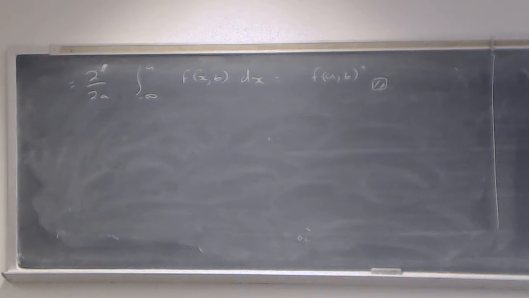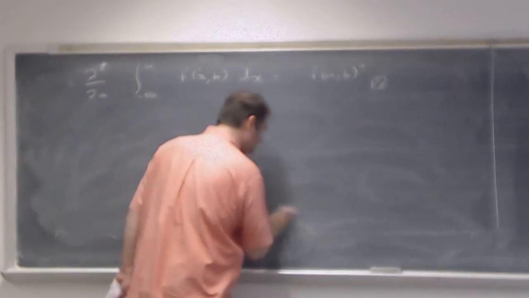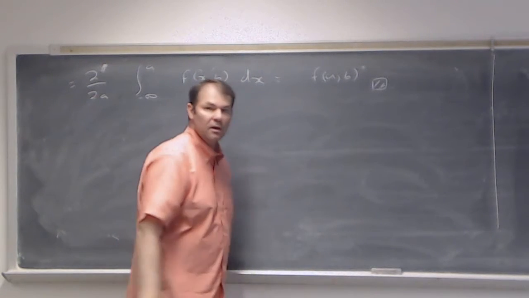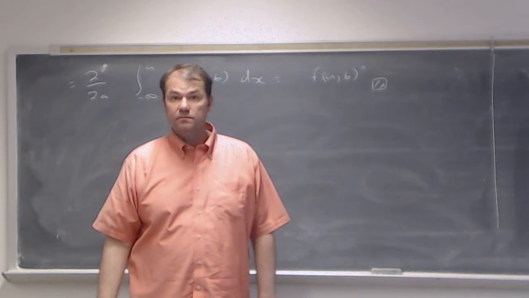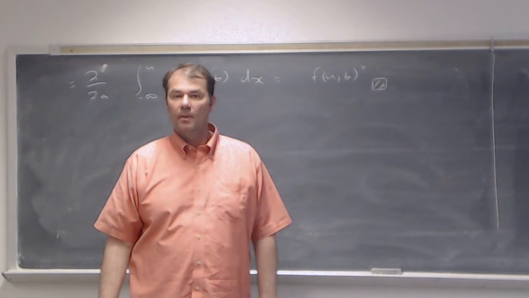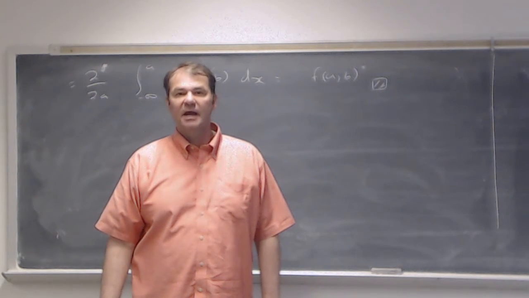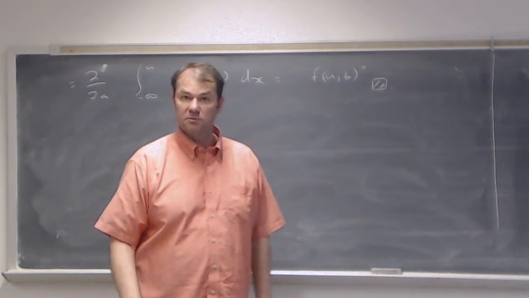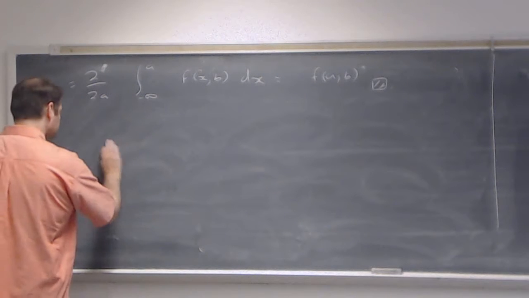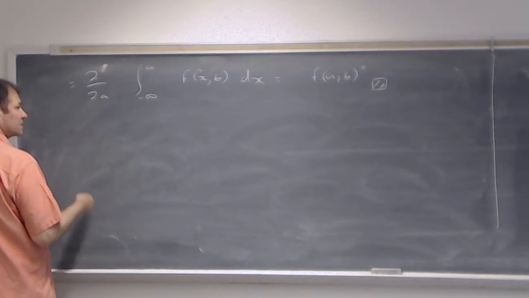Well, we had the expected value for a function of a random variable x, and now we're going to have the expected value of a function of two random variables. We'll say we know how they're jointly distributed.